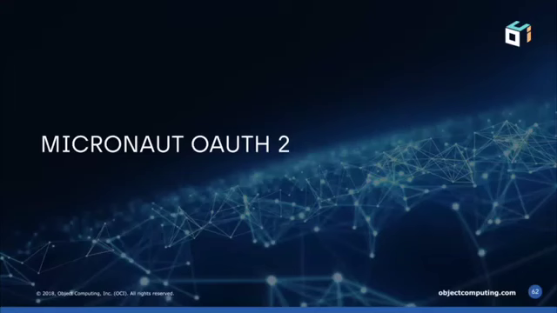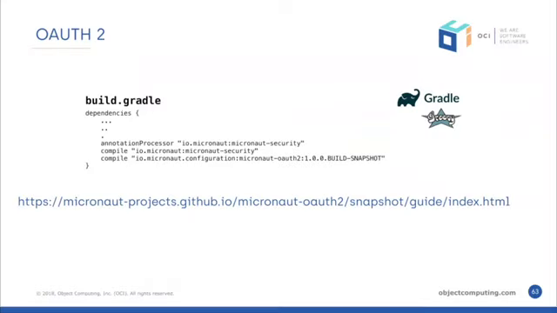We have been working on Micronaut OAuth 2 security support. This is still in a build snapshot phase, but we'll ship with 1.1.0. You can check the docs; the project is at github.com/micronaut-projects/micronaut-oauth2, and we already have documentation there. You can install this already in your apps.